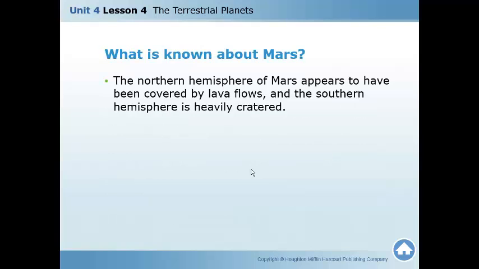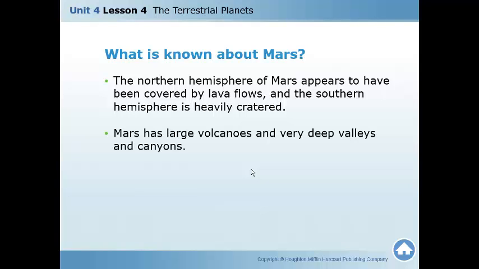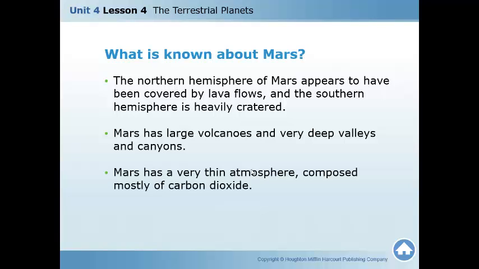The northern hemisphere of Mars appears to have been covered by lava flows, and the southern hemisphere appears to be heavily cratered. Mars has very large volcanoes and deep valleys and canyons. So we've got these big volcanoes and these deep valleys and canyons. Mars also has a thin atmosphere that's composed mostly of carbon dioxide.